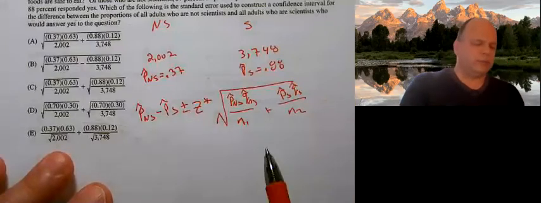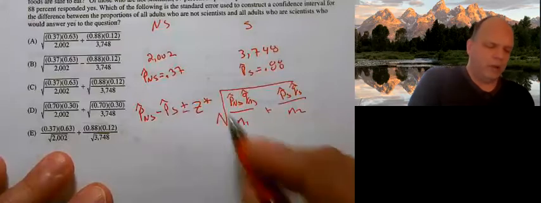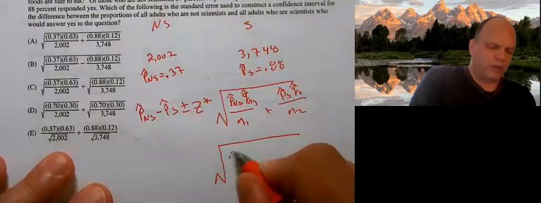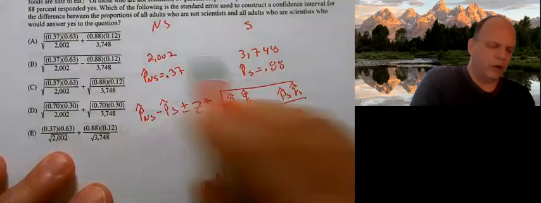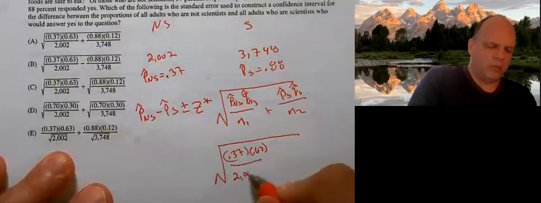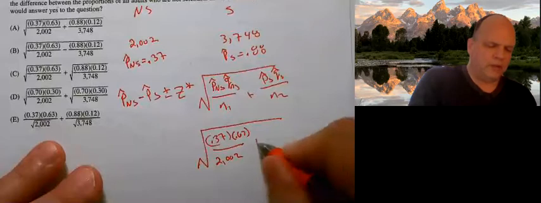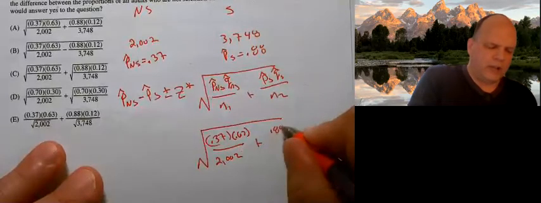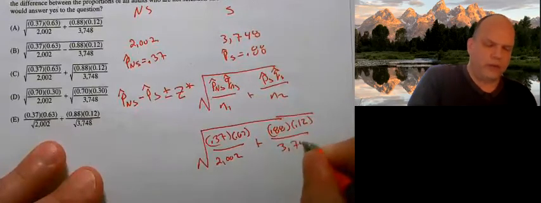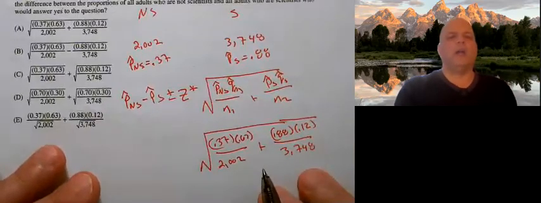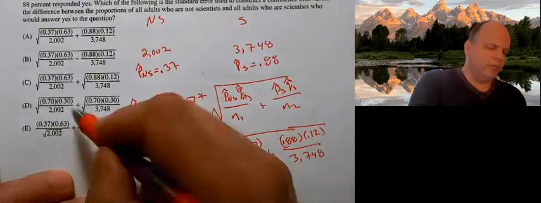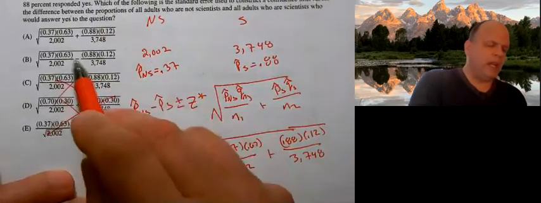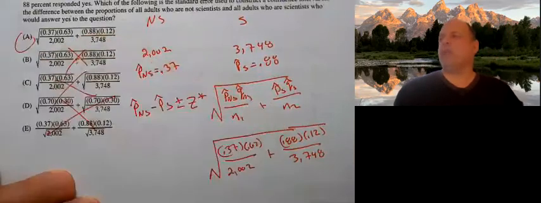So in this case, we have 0.37 times 0.63 over 2002 plus 0.88 times 0.12 over 3,748. For this one, we need to make sure everything's under the radical. That's not happening. That's split up, and we can't be subtracting. So number 38 is A.